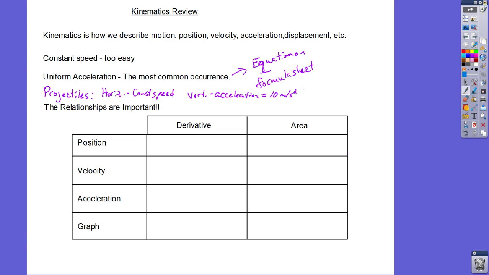But the relationships are important, so the graphs are going to be important. I think interpreting graphs is a common way for them to probe your understanding of the big picture relationships between these things.